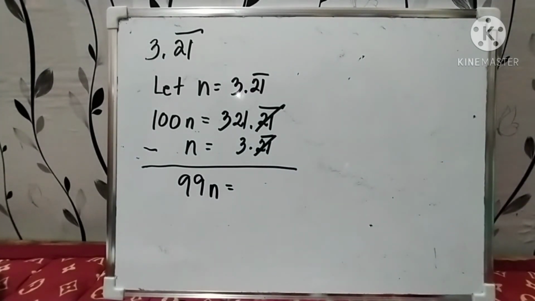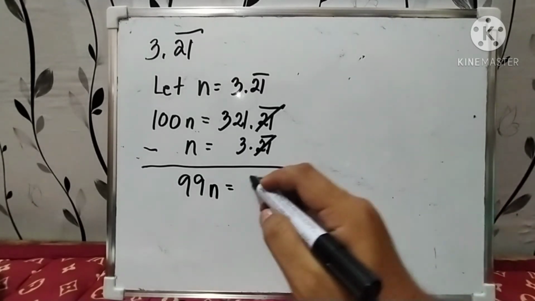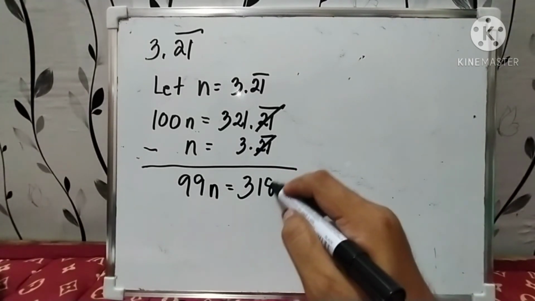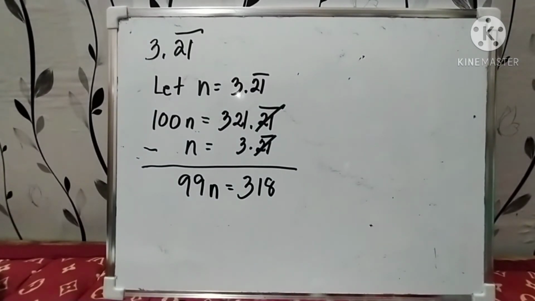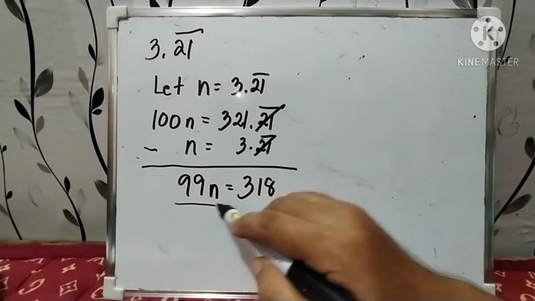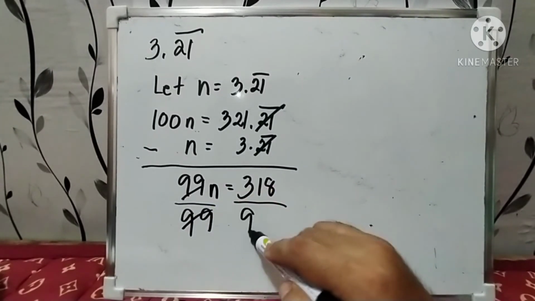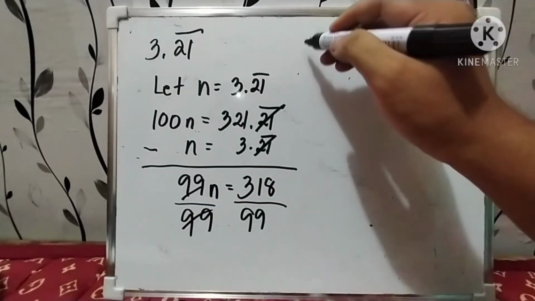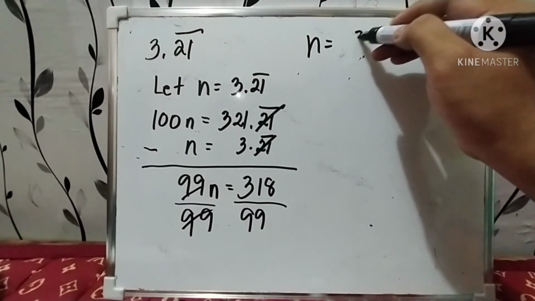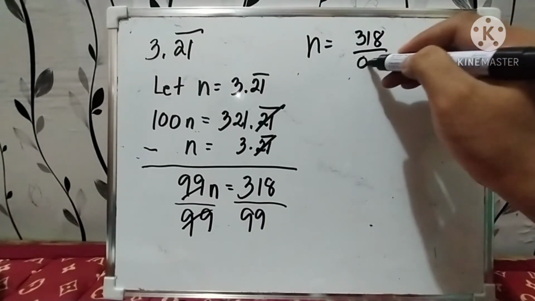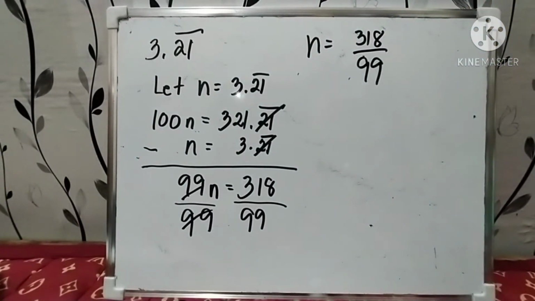Okay, 321 minus 3 is equal to 318. Now, to get the value of n, divide natin siya both sides by 99. Ayan. So, ang makukuha nating value ng n is equal to 318 over 99.